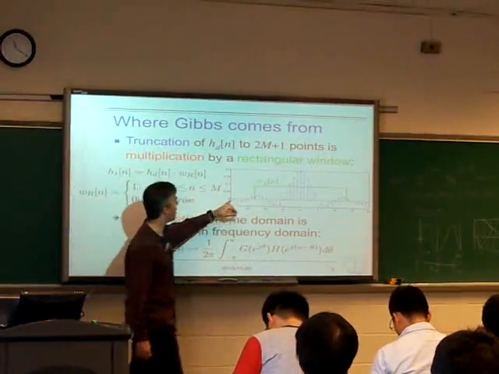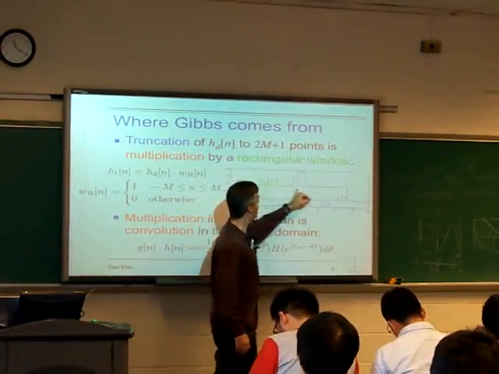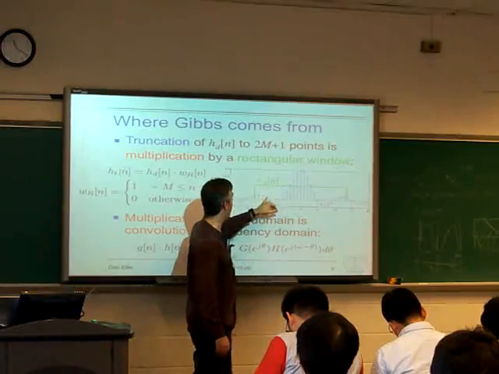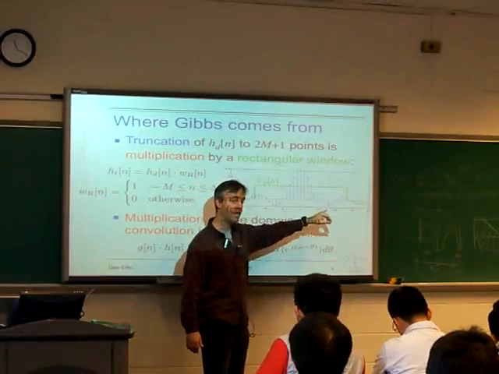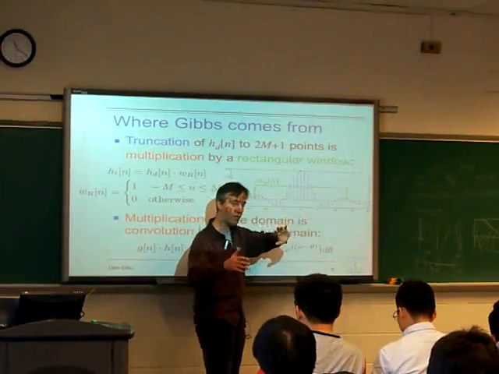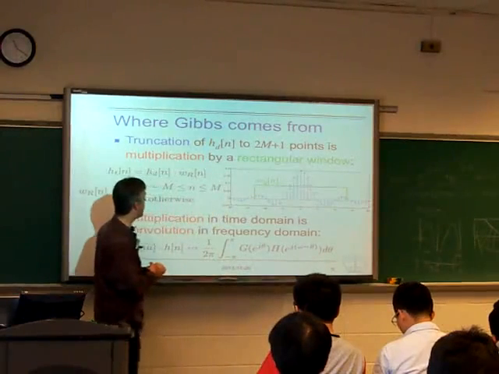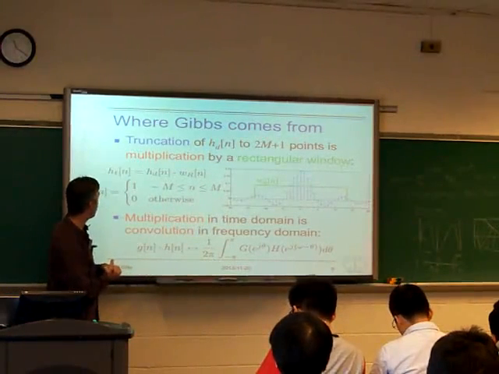And so here's our original h_d[n]. Here's our rectangular window, w_R[n]. And the product of those two, multiplying them in the time domain, gives us the actual h_t[n], the finite number of non-zero values that we implemented as the impulse response of our FIR approximation.